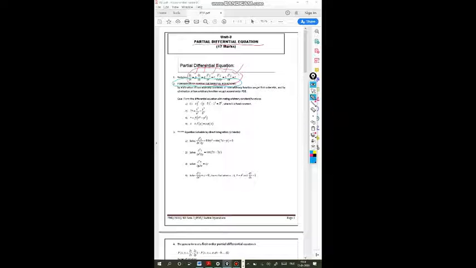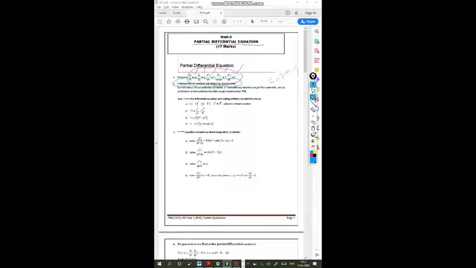But in this case, we are going to say z is a function of x and y, a function of more than one variable, so the partial differential coefficients appear and the corresponding differential equation is known as a partial differential equation.